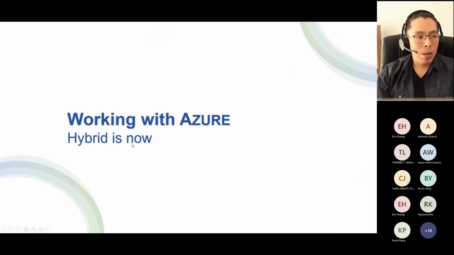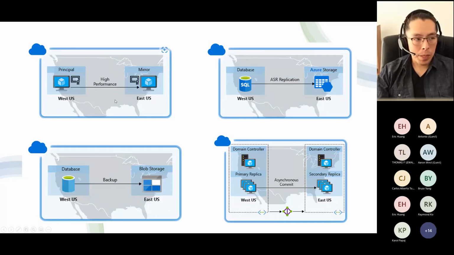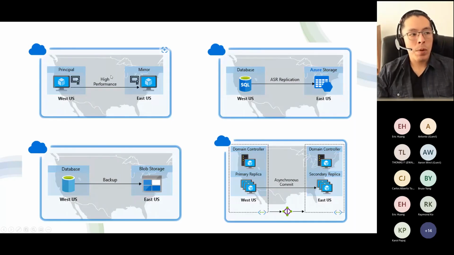Hybrid is now possible because, of course, there are new alternatives here. If we just focus on SQL Server, for example, or on Azure SQL, let's see these alternatives. The first one, we are talking about mirroring. We can work with mirroring on Azure, for example, in different regions.